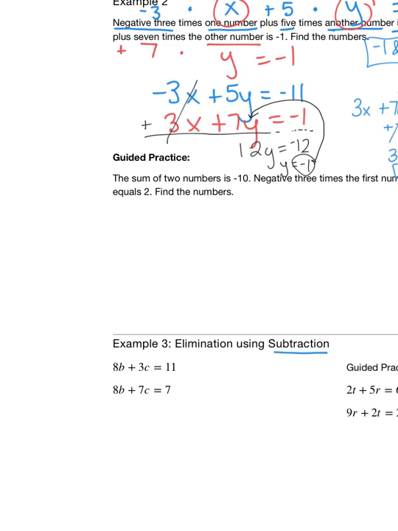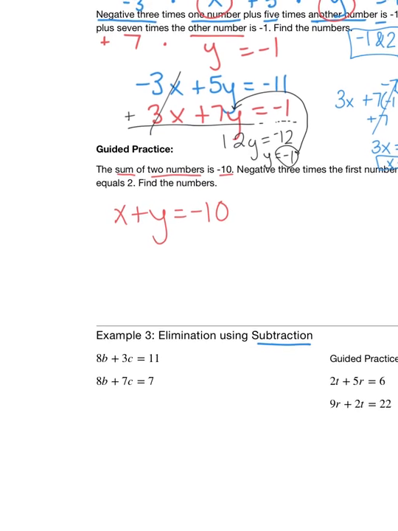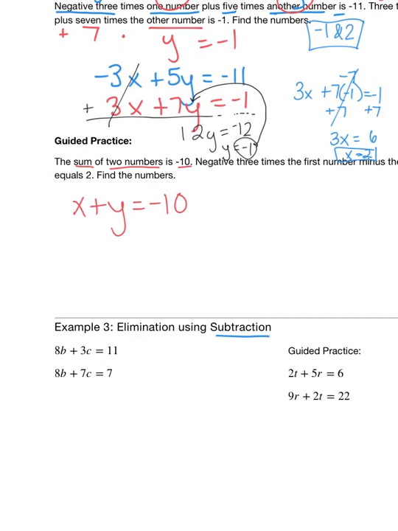Okay, so the sum of two numbers is -10. So you can just say that x and y are your two variables you're using. So that's your first equation. The second equation is a little more complicated.